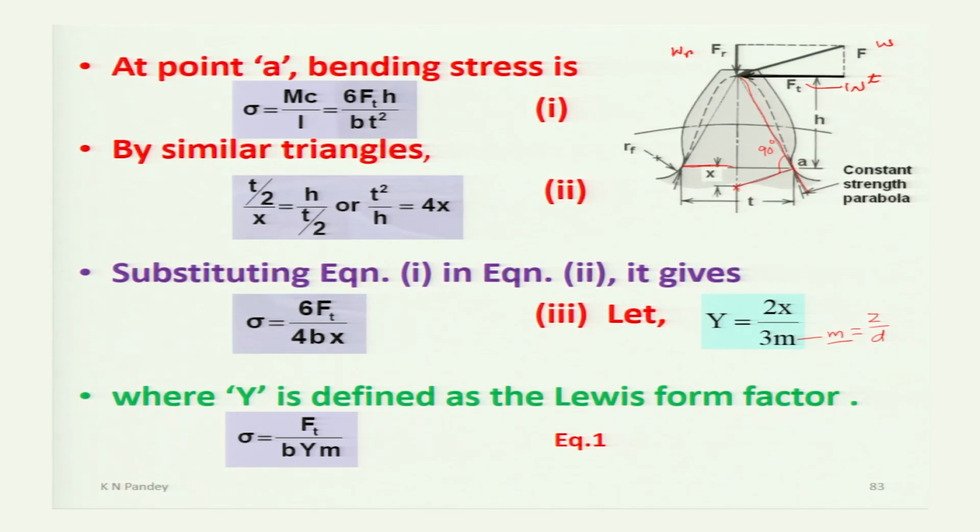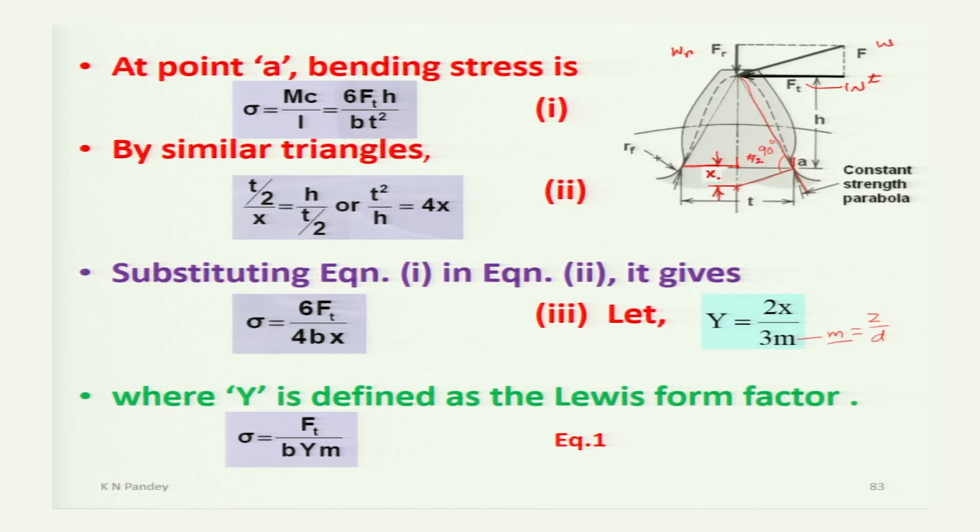From A a perpendicular is dropped, and this perpendicular intersects the line of symmetry of the gear tooth at a distance of x. This distance is x. This to this will be half of the thickness, t divided by 2.